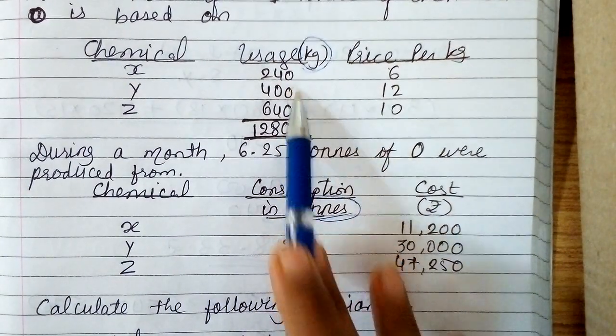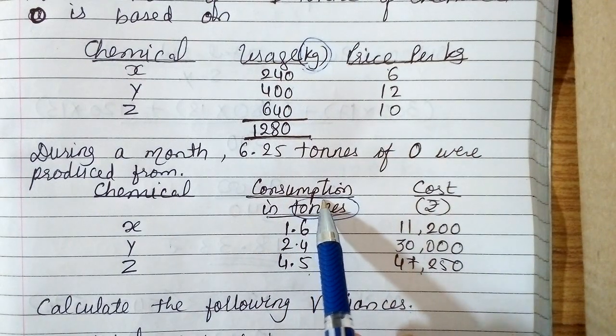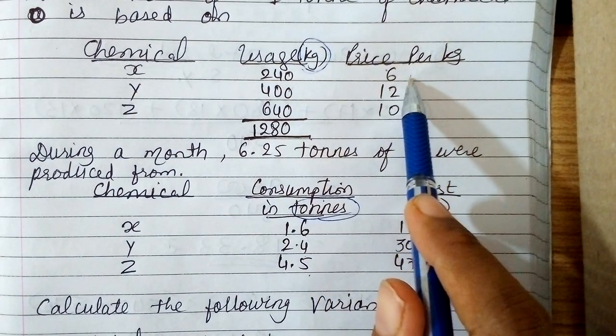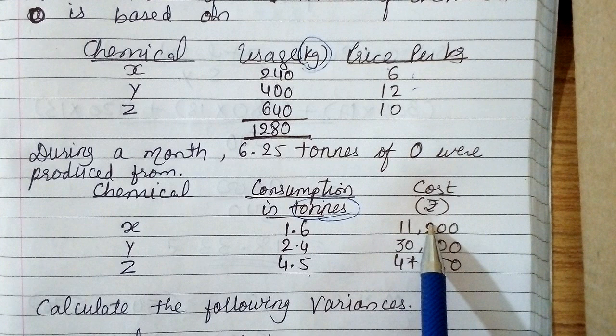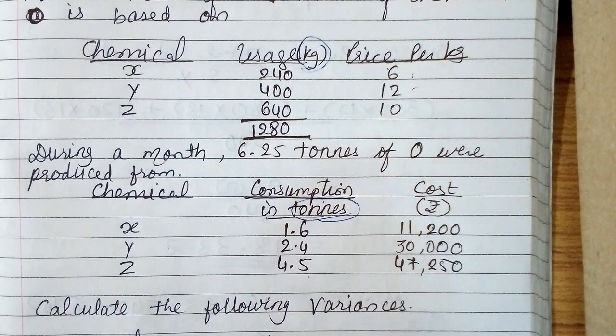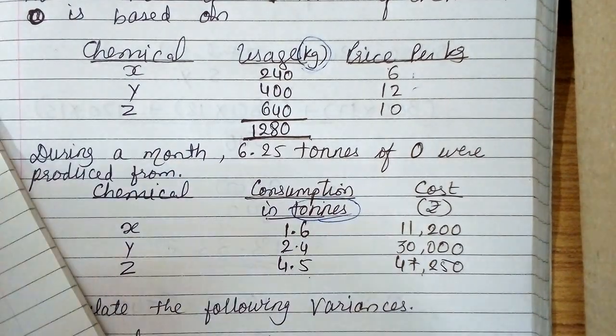So two things over here. Something is given in kg and some information is given in tons. Here the price per kilogram is given and here the total costs are given. Right? So firstly we need to calculate all these things in detail. Let us calculate the same first.